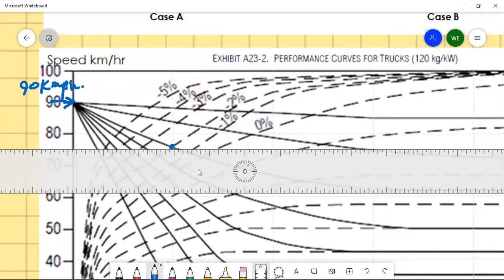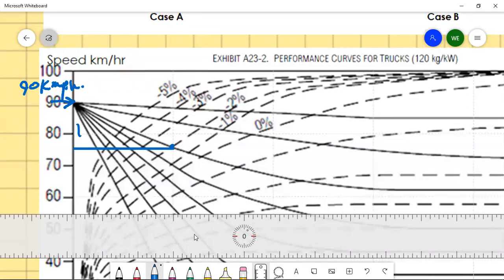So that's almost 75 kilometers per hour.